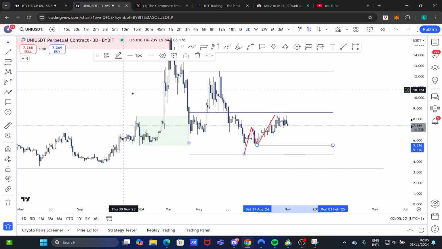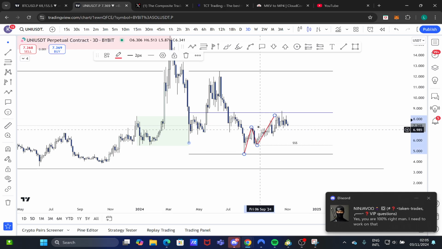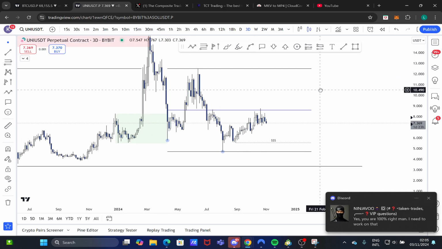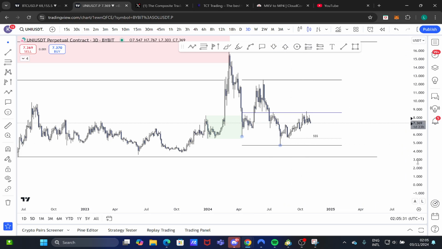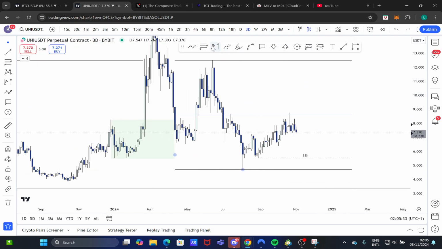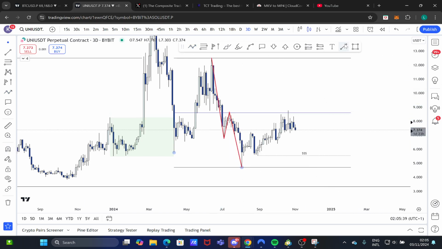Making this our extreme liquidity POI. Then when we check our market structure within this range, we can see that our market structure on the high time frame from top to bottom is simply one lower high for the lower low.